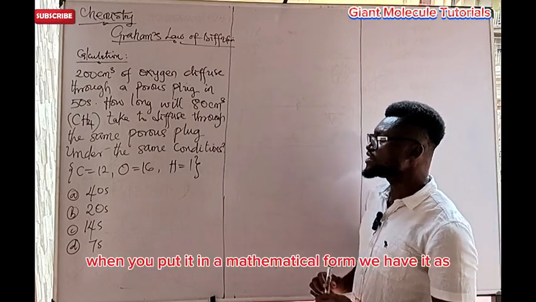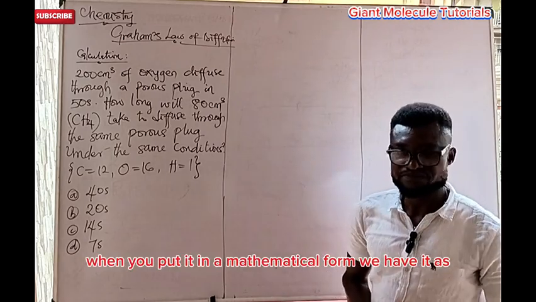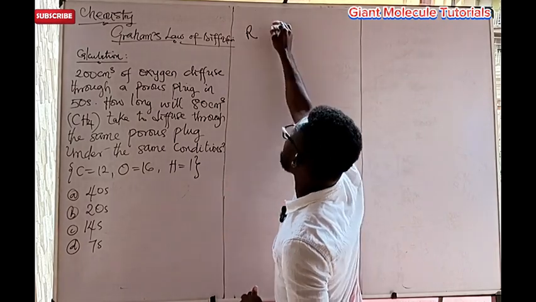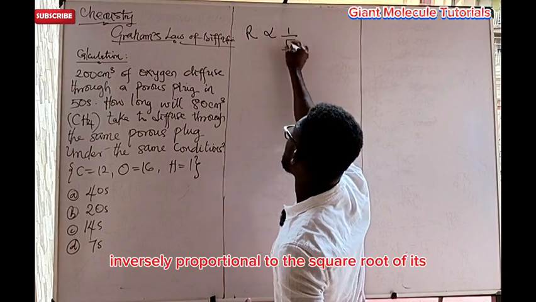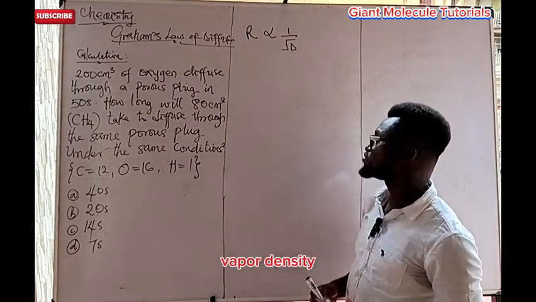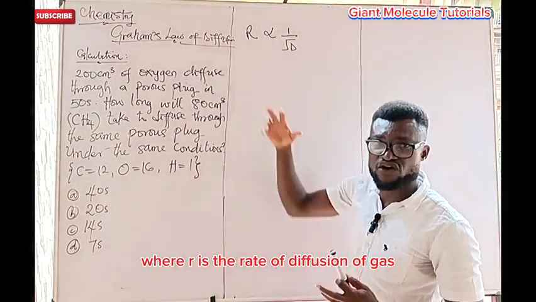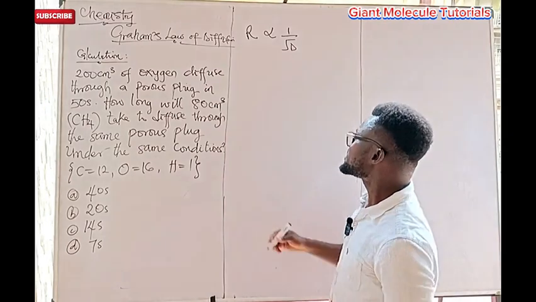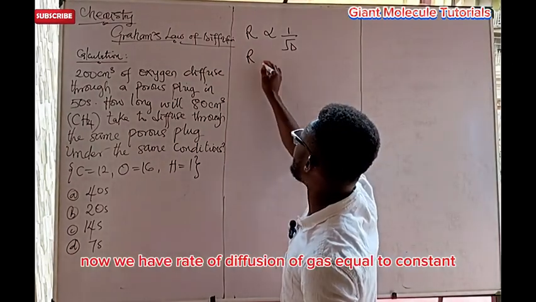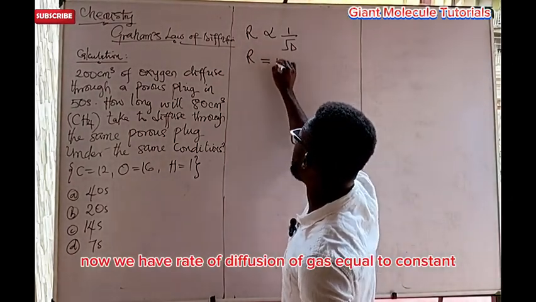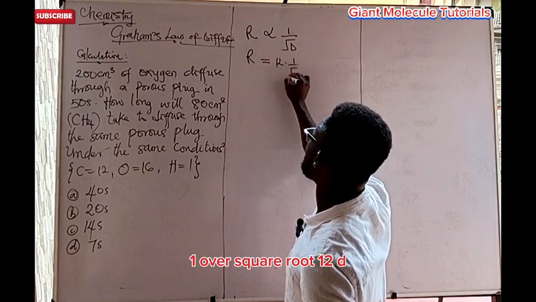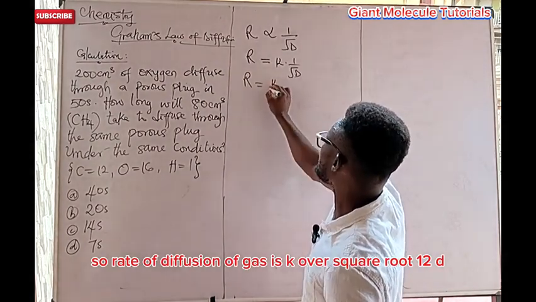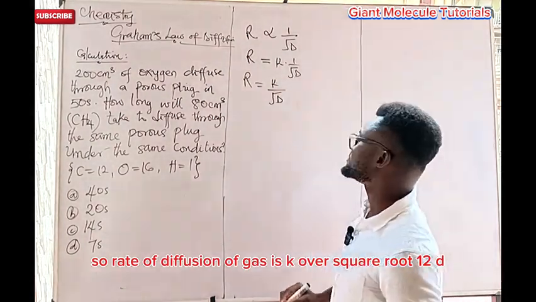Now, when you put it in mathematical form, we have rate of diffusion of gas inversely proportional to the square root of its vapor density, where R is the rate of diffusion of gas, D is the vapor density. Now we have rate of diffusion of gas equal to constant times 1 over square root of D. So rate of diffusion of gas is K over square root of D.